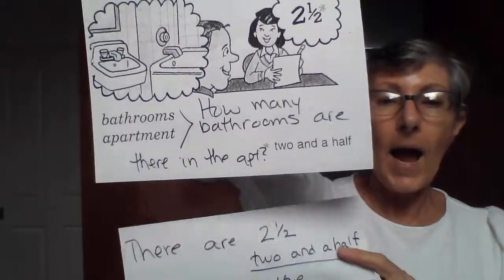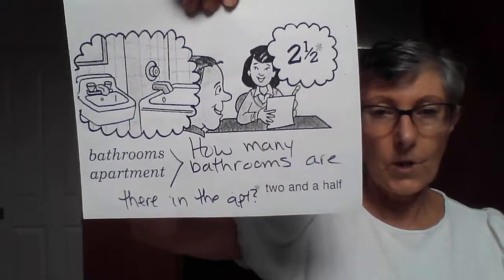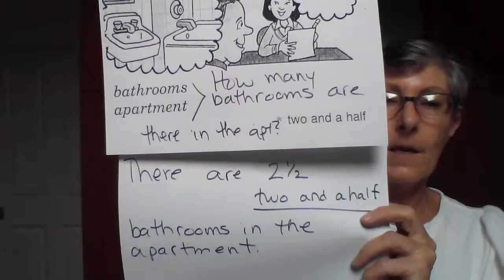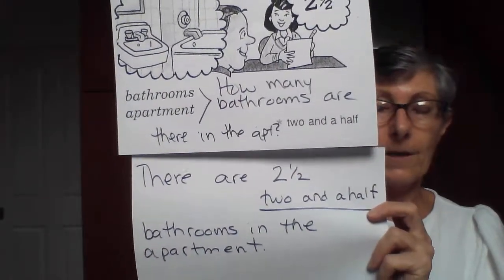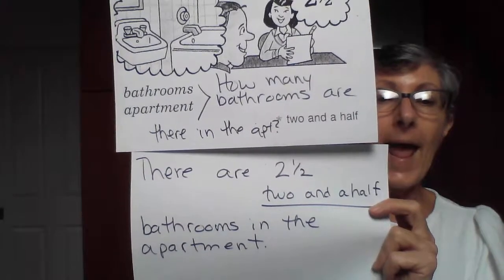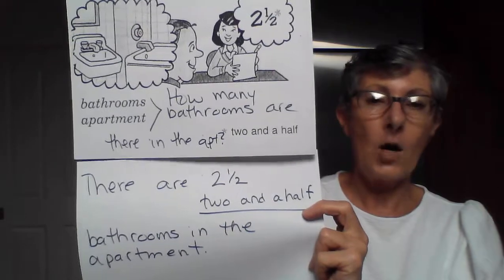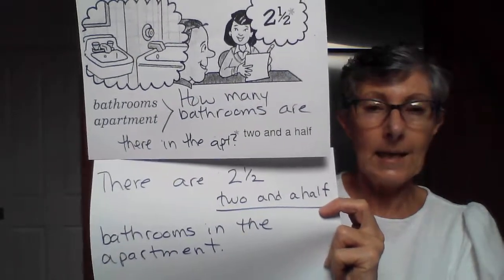Okay? How many bathrooms are there in the apartment? And the answer is, there are 2.5 bathrooms in the apartment.